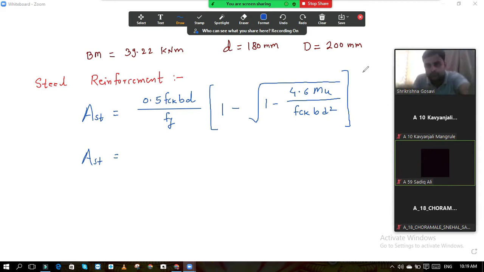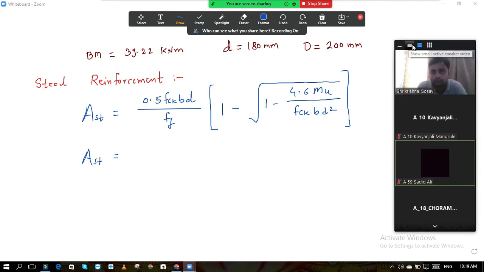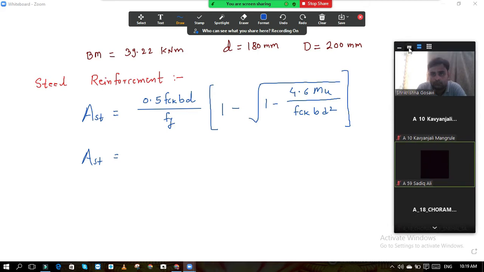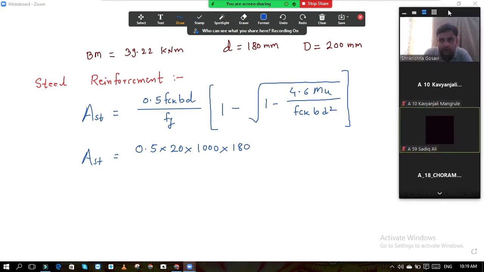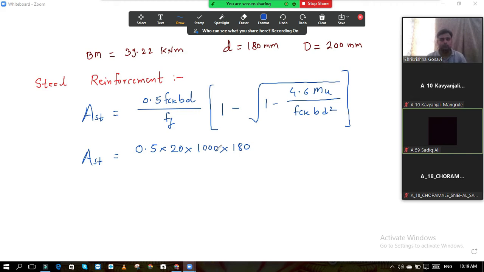Ast is equal to 0.5, fck is 20, b is 1000, d is 180, whole divided by fy, which is 415.